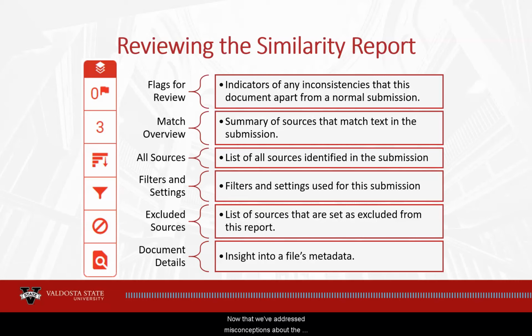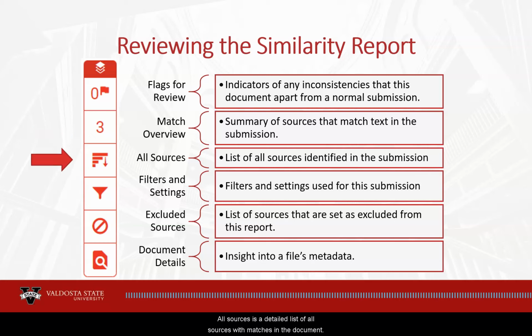Now that we've addressed misconceptions about the Similarity Report, let's explore how to use the features in the Similarity Report to review student work. The Similarity Report consists of 5 areas of insight. Flags for Review lists anomalies like hidden characters that could help instructors with minimum word count verification. Match Overview lists a summary of sources that have matches in the document.